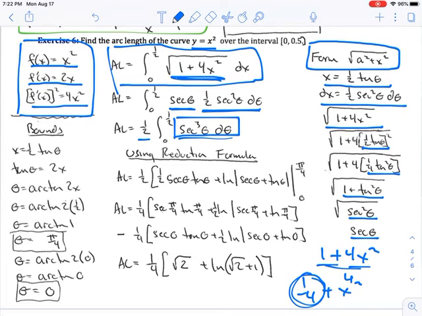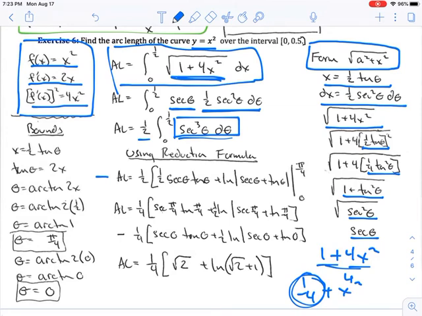The reduction formula that we want to use is going to be this one right there. I didn't actually write out the formula, but I'm using a reduction formula and just plugging everything in. You can look up the reduction formulas that we're going to want to use.